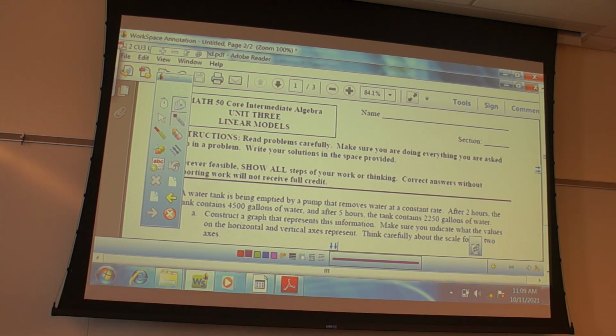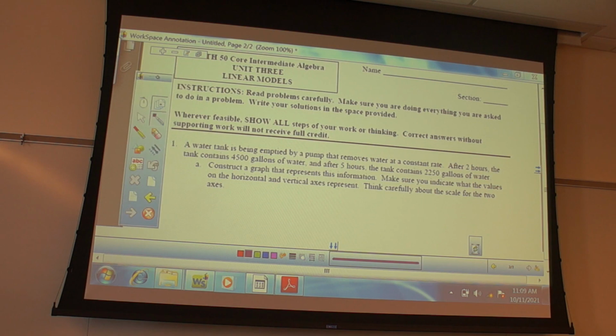So just as a reminder, what we did is we found the 2 things that vary in the problem. What are the 2 things that vary in this problem?